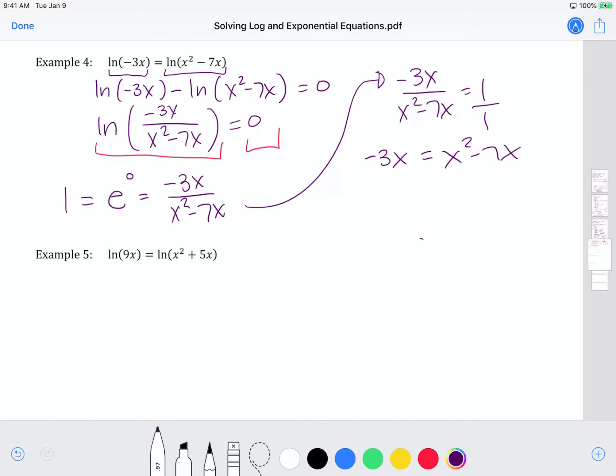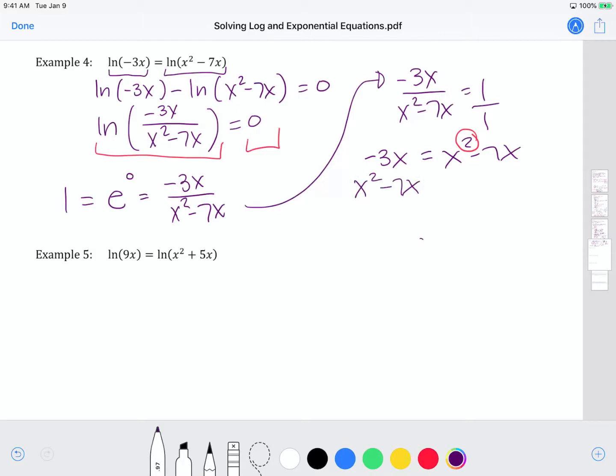Notice that this tells me I'm now solving a quadratic because this is a degree 2. So I'm going to move everything to one side and either factor or use the quadratic formula to finish finding x. So I have x squared minus 7x.